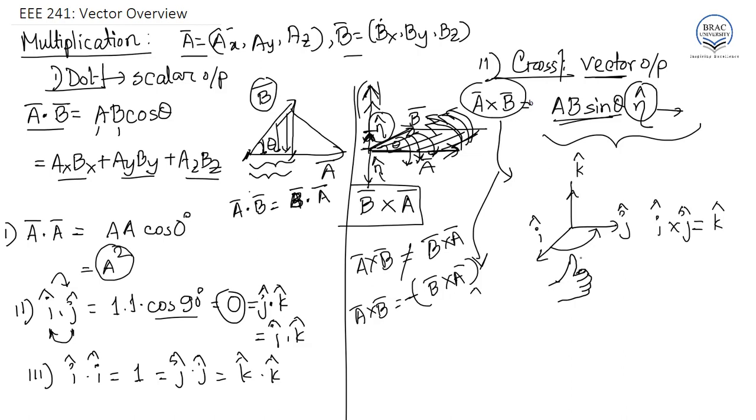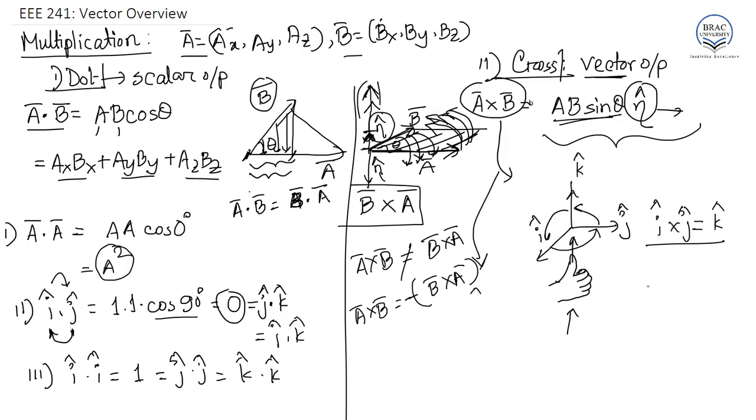And if you just take your right hand and move the fingers from i to j as shown here in this picture, your thumb will point in the direction of k, right? So whenever you cross i and j, you will get k. If you cross j and k, however, you will get i, and if you cross k and i, you will get j. So there is a way to keep track of it.